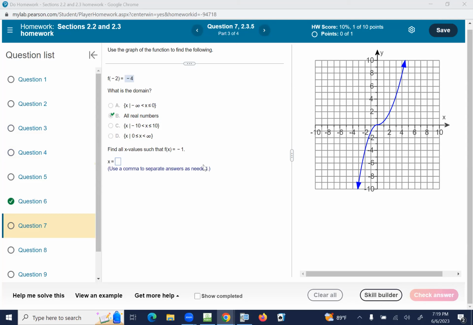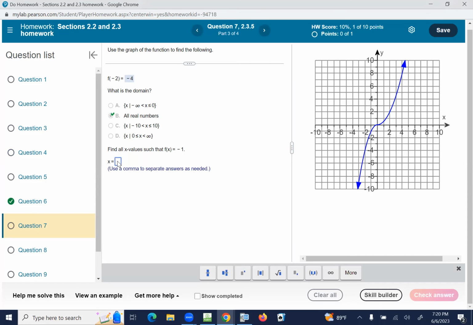So y'all, I'm going to go to the y-axis and find that -1. Then I'm going to go left until I hit that line. So when I hit that line, what is that x value? All right, y'all, let me catch my chat back up. So -1, good job. So we're going to put in our -1. And then we're going to check that answer.